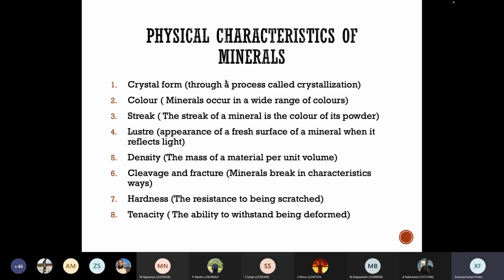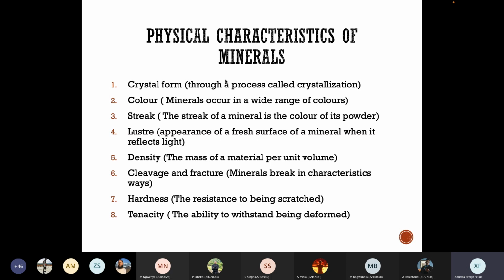It does not matter how much it was exposed to certain conditions, at the end of the day the color of its powder will always be the color of its powder. But how you look at it with the naked eye might be deceiving, based on whether that type of rock was exposed to any environmental condition, harsh conditions.